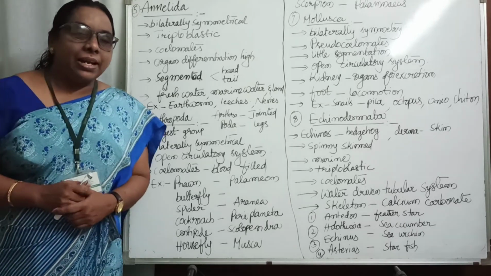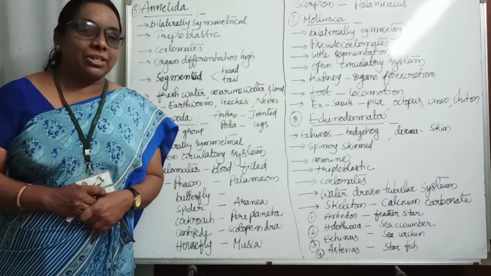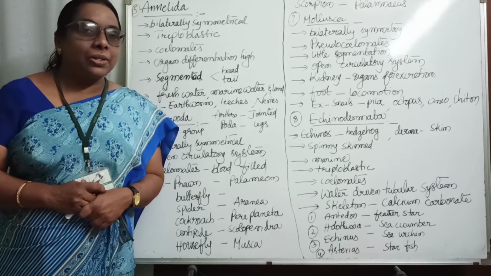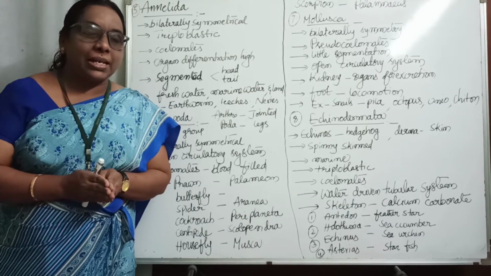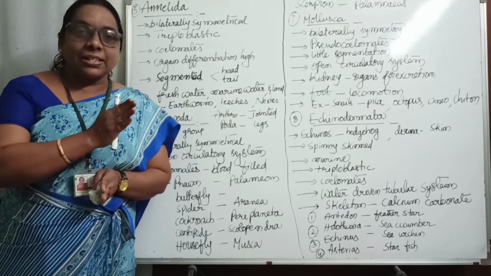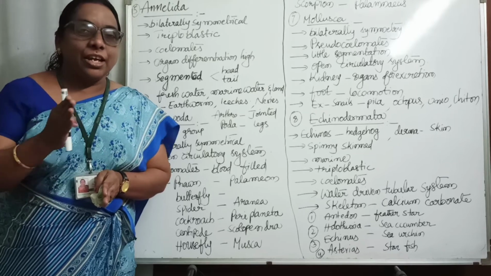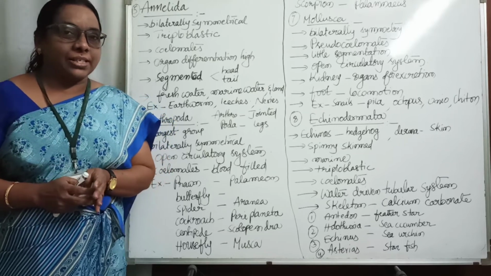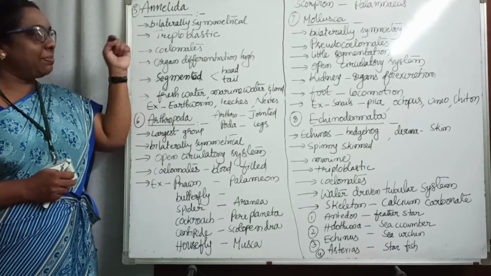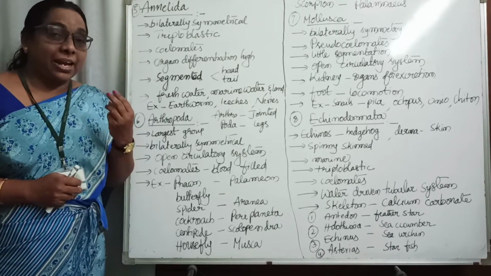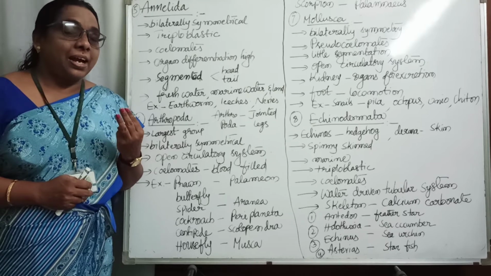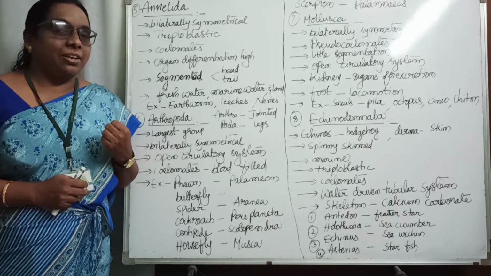If you see the annelids, these are bilaterally symmetrical, and you know that bilaterally symmetrical means when you cut the organism, the right body design is equal to the left body design. That is called bilaterally symmetrical. And these organisms are triploblastic, that means the cells are arranged in three layers.